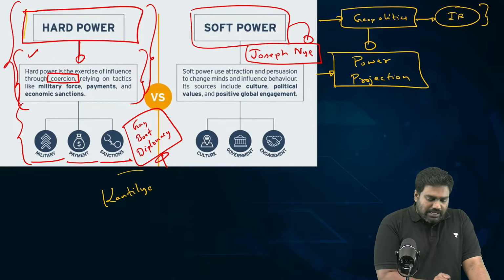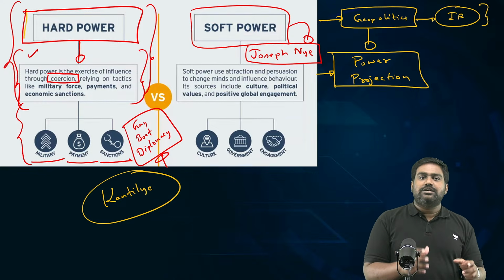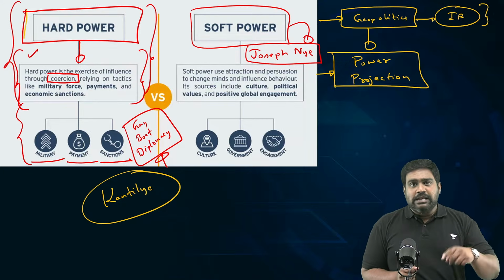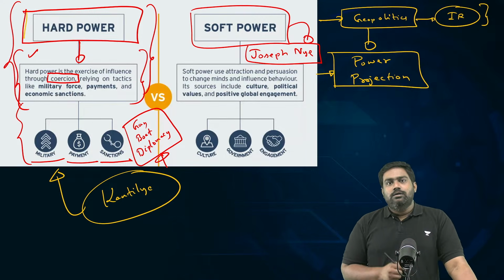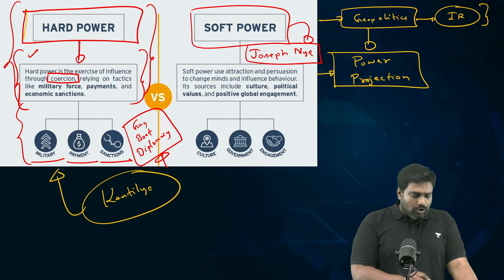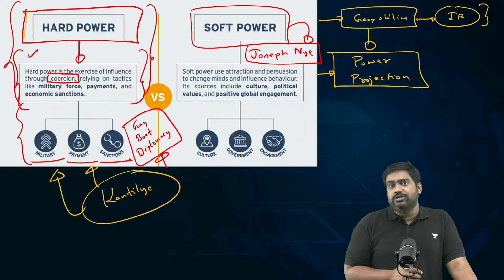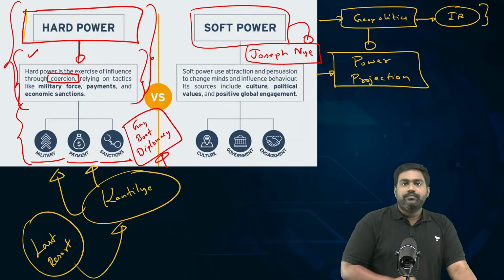Kautilya may not have used terms like hard power and soft power, but in his Arthashastra he talks about the exact same thing. Kautilya advised the king, sometimes you may have to punish your enemies using your military strength, using your economic strength, or waging a covert war against them, or imposing trade and economic sanctions on them. But according to Kautilya, hard power should be the last resort.